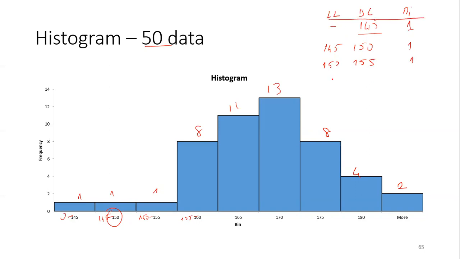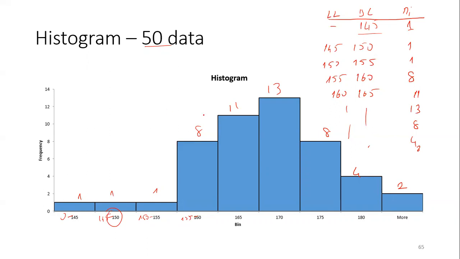And let's say this is 155 to 160, which is 8 here, 160 to 165, where we have 11, 13, 8, 4, and 2. I won't try to write the rest. So this is the histogram of this data.